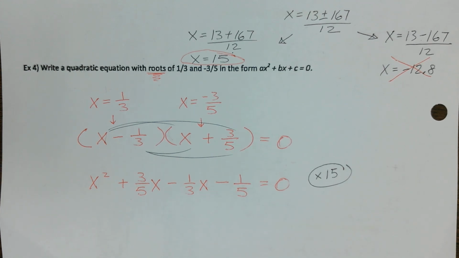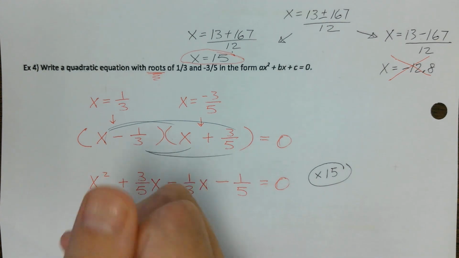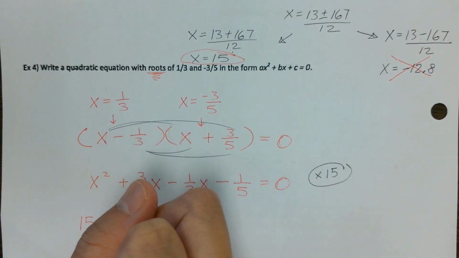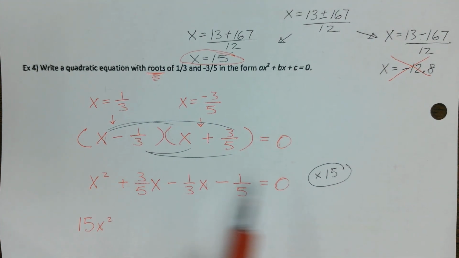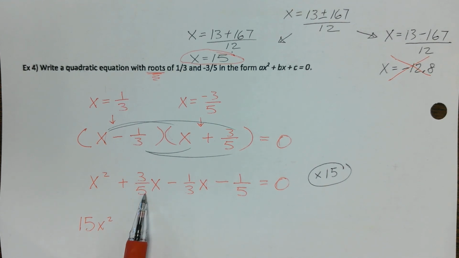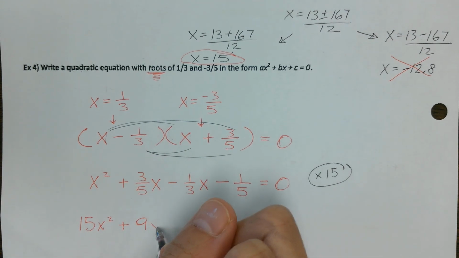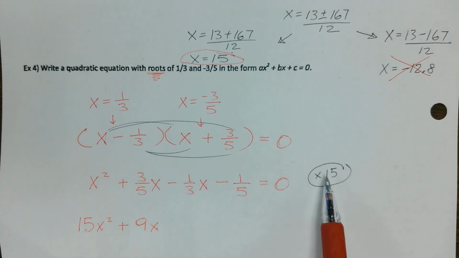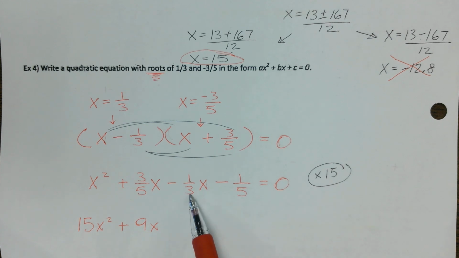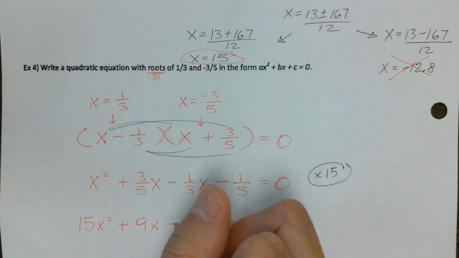So 15 times x squared, I get 15x squared. 15 times 3, 45. 45 divided by 5, I get 9. Negative 1 times 15 divided by 3, I get negative 5.